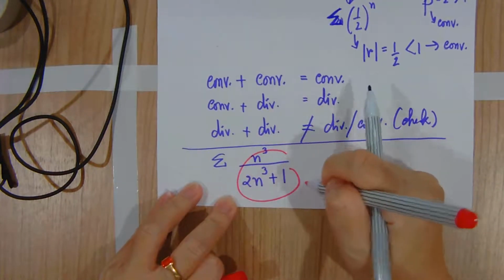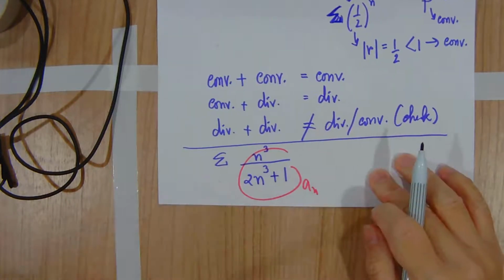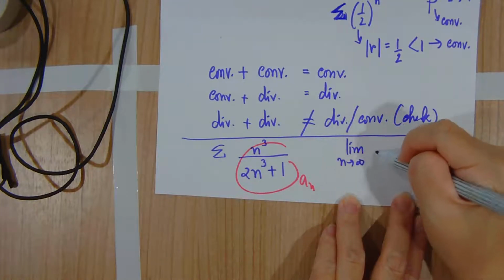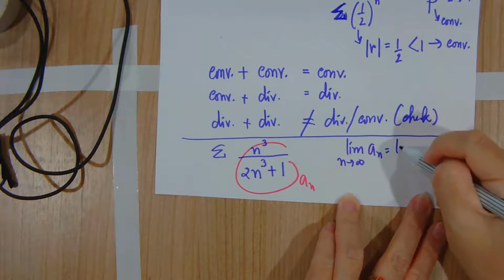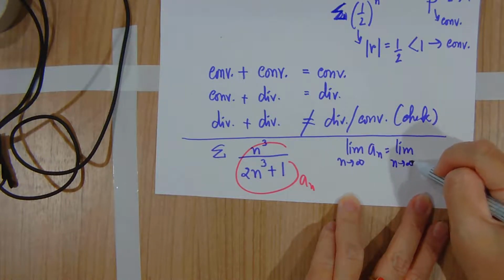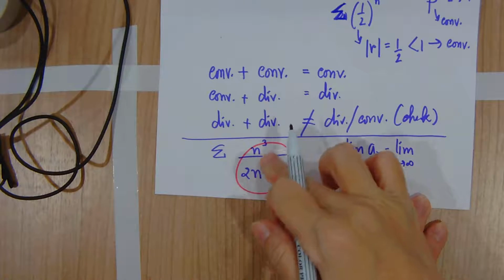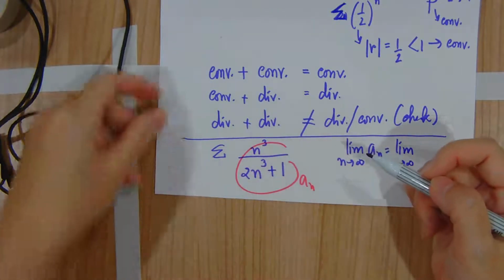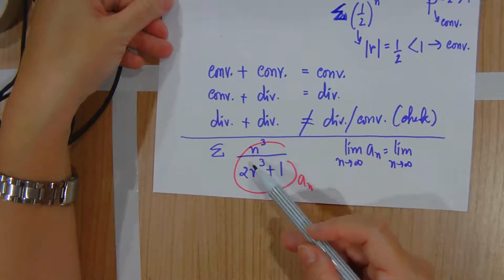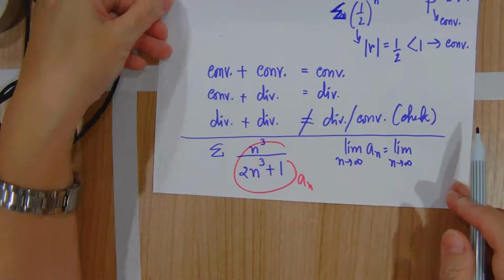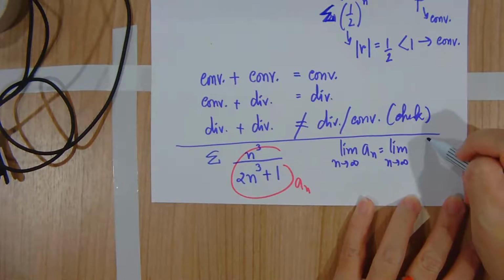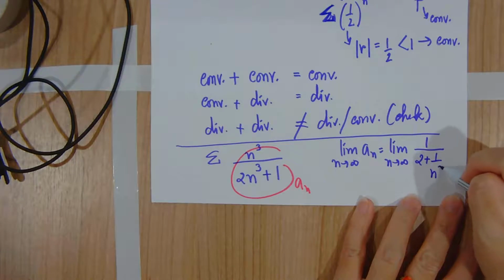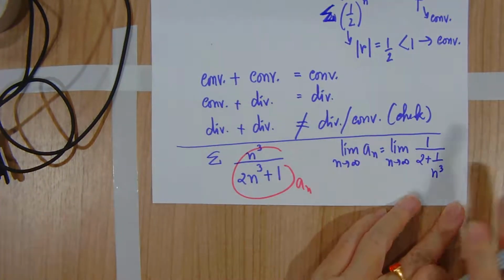Then we have to find the limit of the term a_n. Since the highest degrees of the top and bottom terms are the same, we just divide by the highest degree, so we get 1 over 2 plus a term whose limit goes to 0.